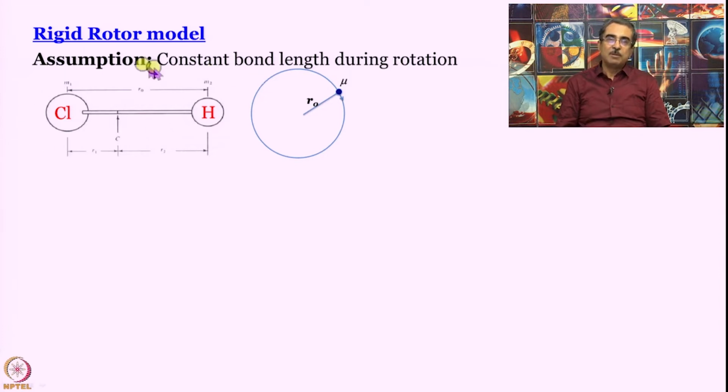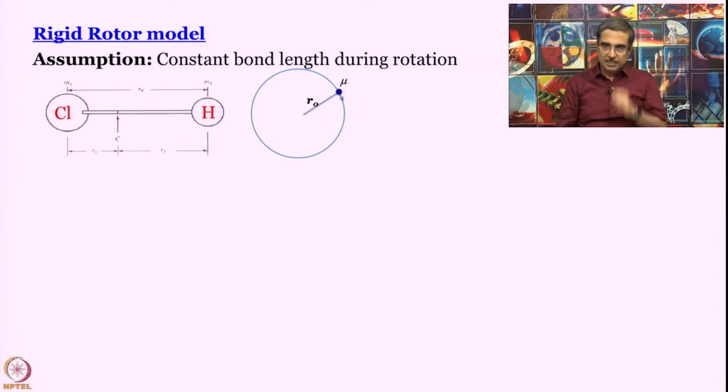With a little bit of manipulation, which I believe you have studied in rotational dynamics in class 11 physics, this problem is reduced to a single particle with mass equal to the reduced mass mu, rotating around a, note this now, massless chargeless center. The separation between the center and this mass is R0, the bond length.